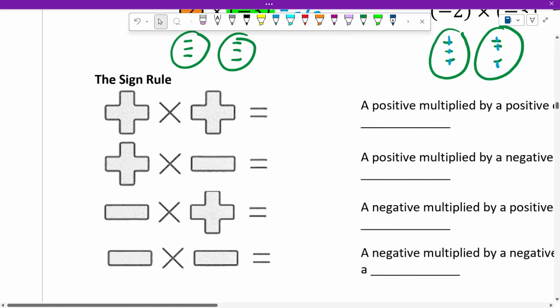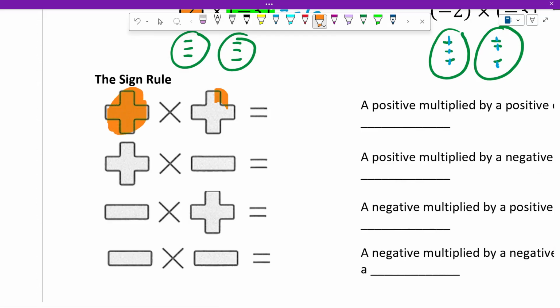I want to talk about all the different combinations you can have with numbers. You can have a positive number times a positive number. That's just what you're used to from elementary school. 2 times 3. And when you multiply two positives together, your answer is positive, right? But we usually don't show the positive in front of a number because it just means it's positive.